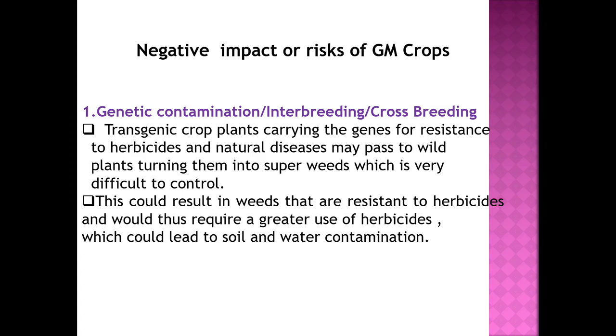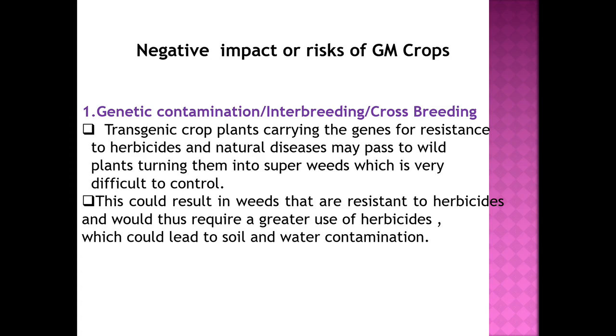Endemic species means the plants or organisms which are already native to that place. So genetically modified organisms may interbreed with the wild varieties or the endemic species, and we call it crossbreeding, or interbreeding, which will lead to genetic contamination.